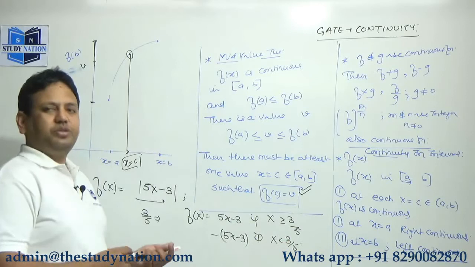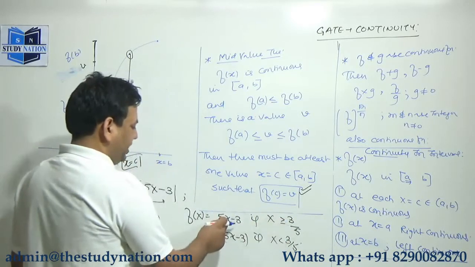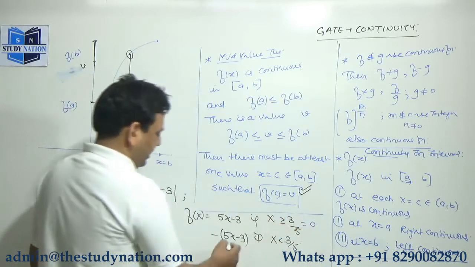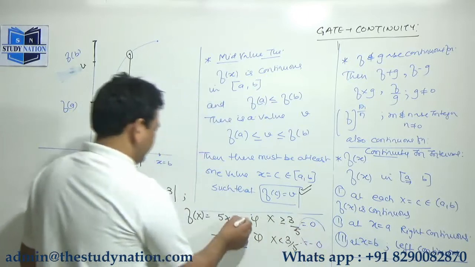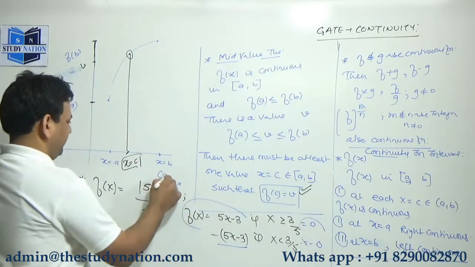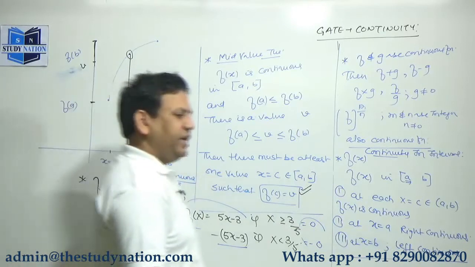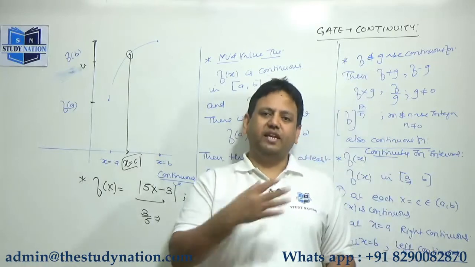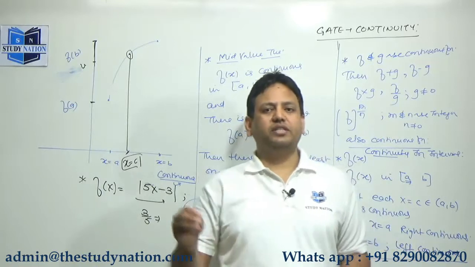There is no need to check the limit, just put the value 3 by 5. Five times 3 by 5 is 3, minus 3 is 0. Here also it is 0. So they are equal, so the function is continuous. To check continuity it is very easy: put the value of the function, check the left hand limit, right hand limit and the value of the function. If all three are equal, the function is continuous.